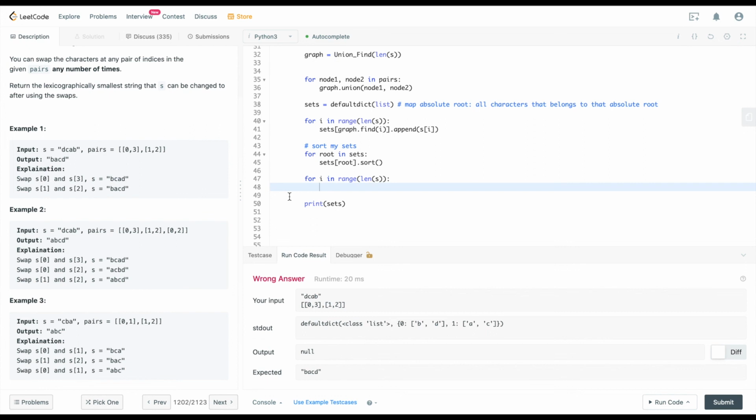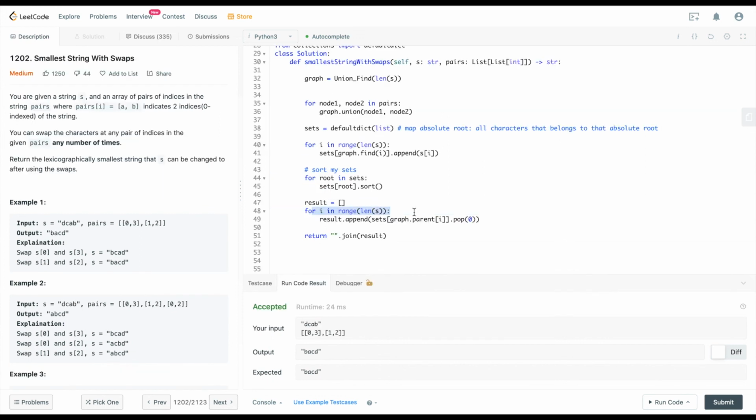Wait, before that, let's have a result list. Result is gonna be a list. Sorry, I had to refilm this part because earlier, when I was doing it, there were some errors in my code.